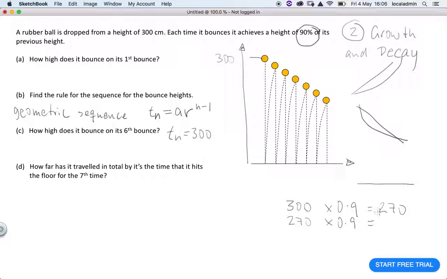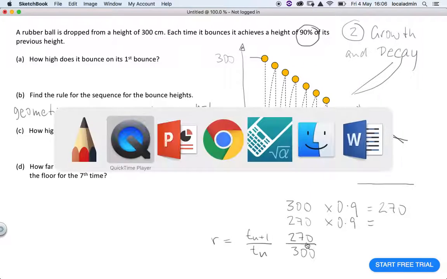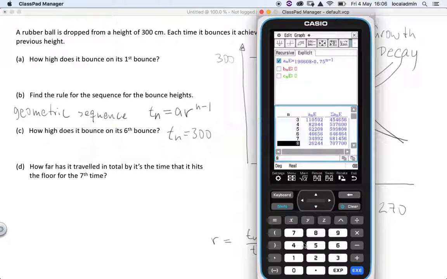Our common ratio is 0.9, which we can also find by dividing 270, which is the same as Tn plus 1. Remember, the common ratio is Tn plus 1 over Tn. So we do have 270 over 300.